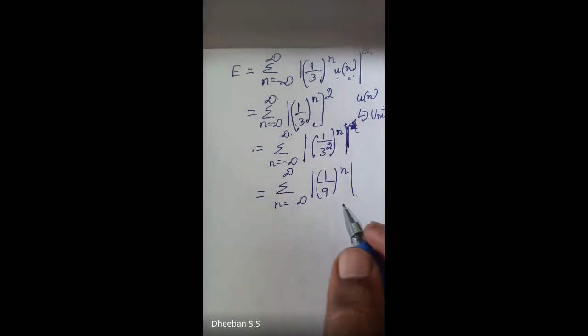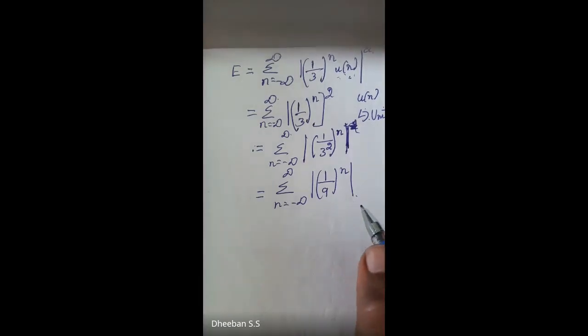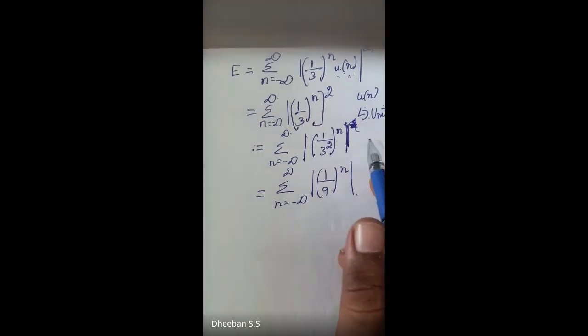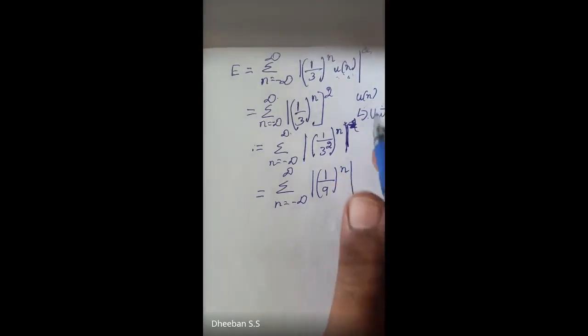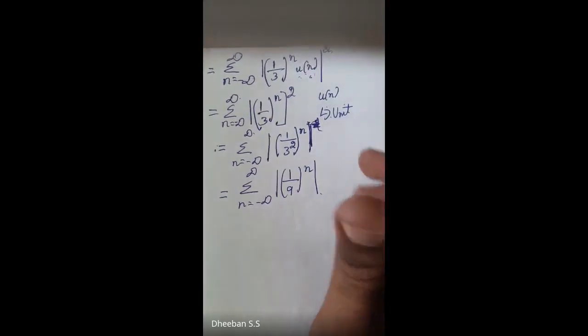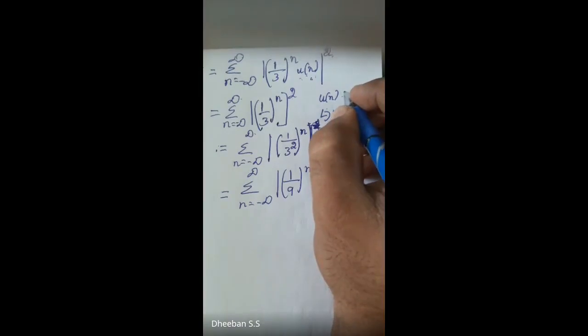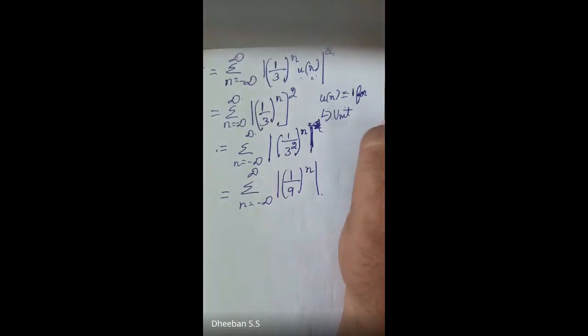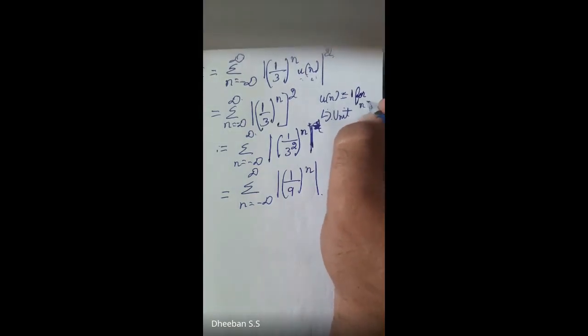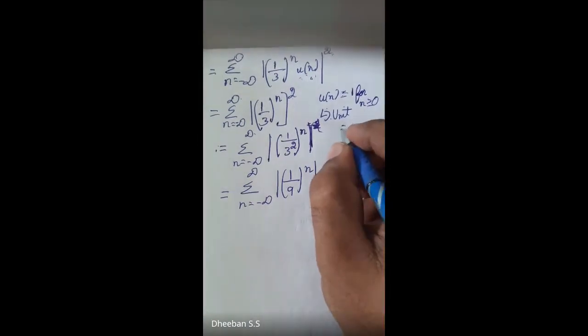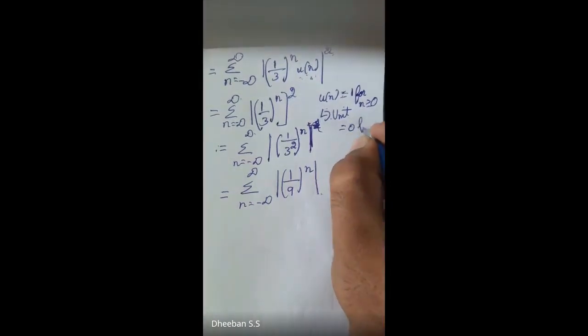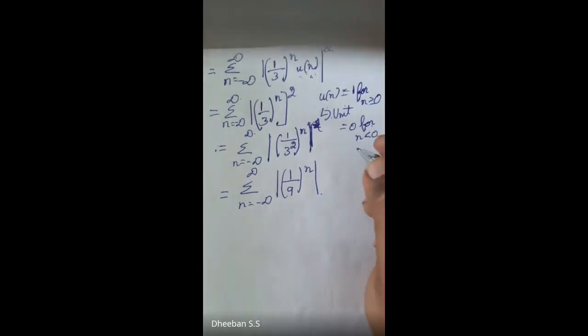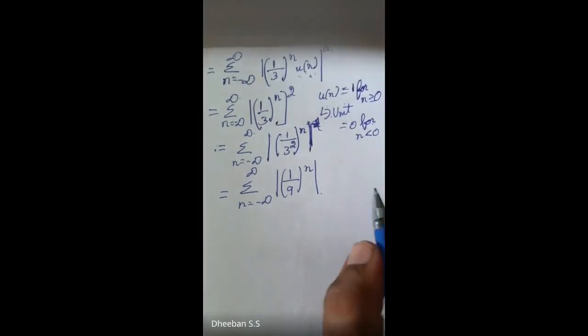Here u of n will be equal to 1 for positive values, for n greater than or equal to 0. At the same time, for the negative values, u of n will be equal to 0. This we have already dealt with in the first class.